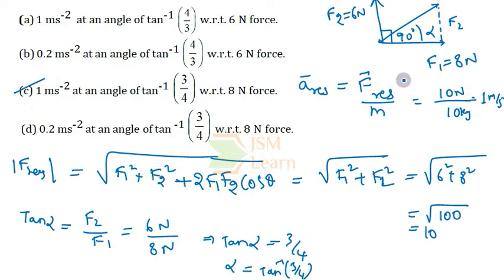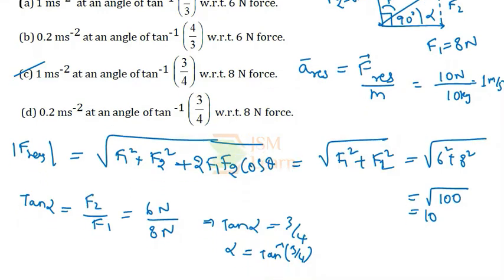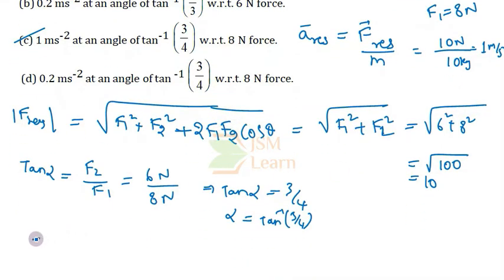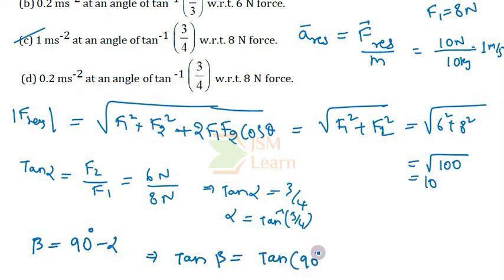Coming to the angle with respect to 6 Newtons, let us suppose the resultant acceleration makes the angle of beta with the force F2, that is 6 Newton. Then in that case, we know that beta is equal to 90 degrees minus alpha, and when we apply tan on both sides, we get tan beta is equal to tan of 90 degrees minus alpha.